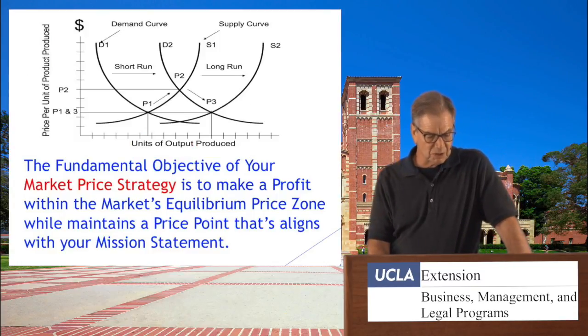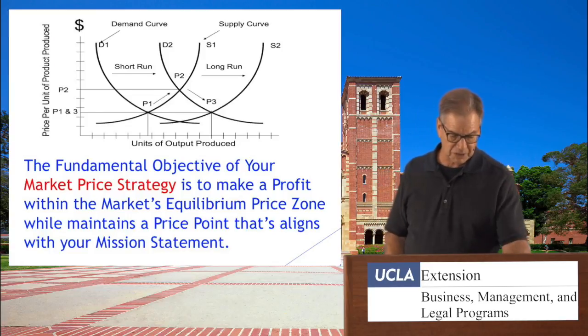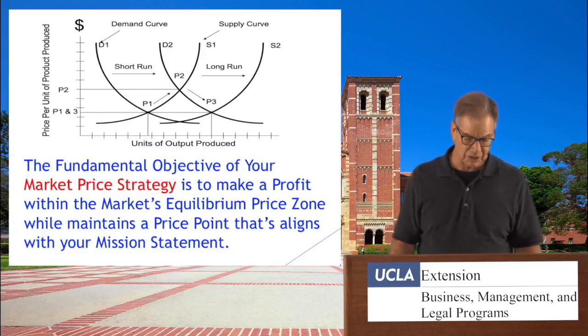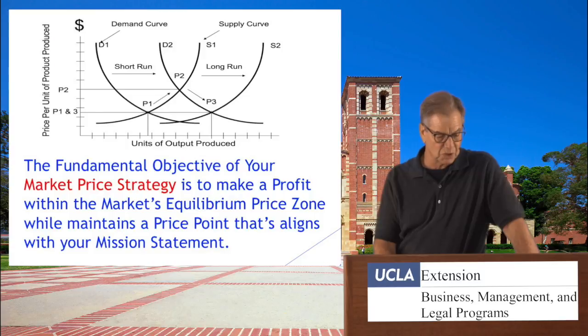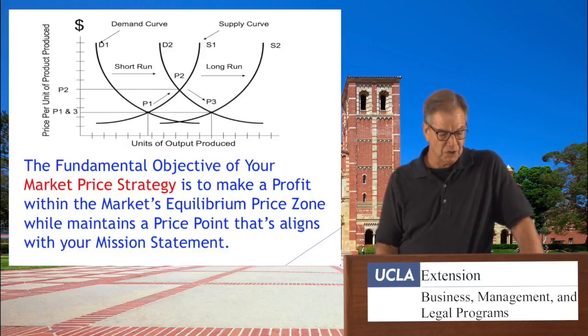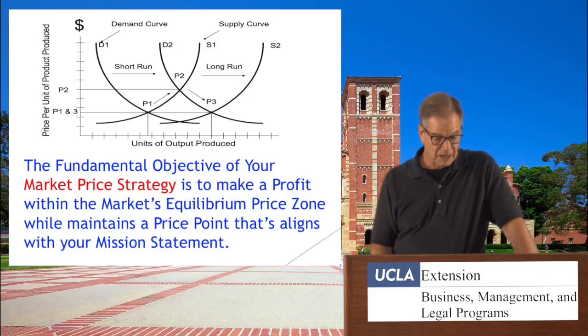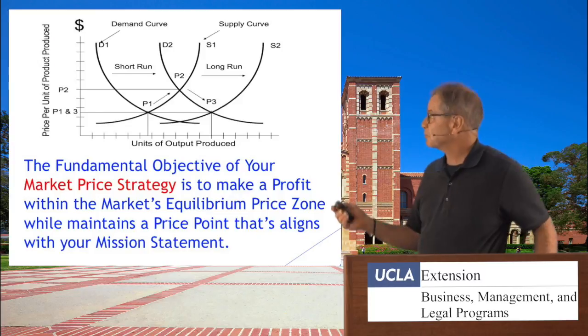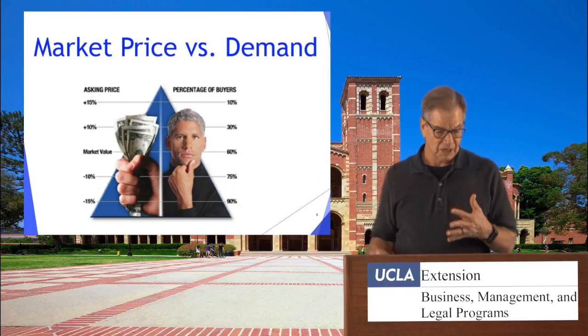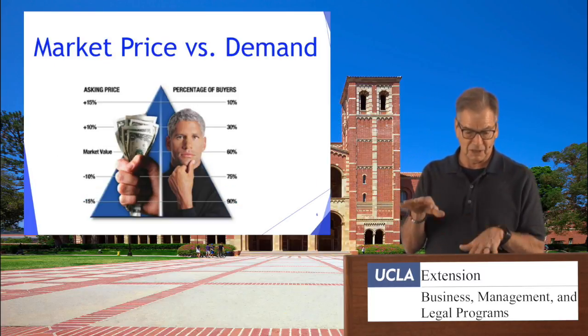So the fundamental objective of your market price strategy is to make a profit within the market equilibrium price zone while maintaining a price point that aligns with the mission statement of your organization. And so there's price versus demand.